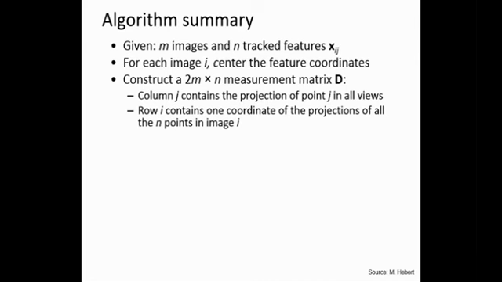Then you construct your 2m by n measurement matrix. That's just putting all your values into a big matrix of this format. The jth column contains the projection of point j in all views, and row i contains one of the coordinates of all the projections seen by a single view, the ith image.